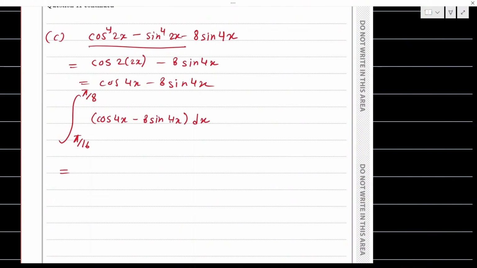Now we can simply integrate this. The integration of cos 4x will be sine 4x divided by the differentiation of 4x. The differentiation of 4x is 4, so I'm dividing by 4. Then we have minus 8 into the integration of sine 4x. The integration of sine 4x is minus cos 4x divided by the differentiation of 4x. Again, the differentiation of 4x is 4, so I'm dividing by 4.